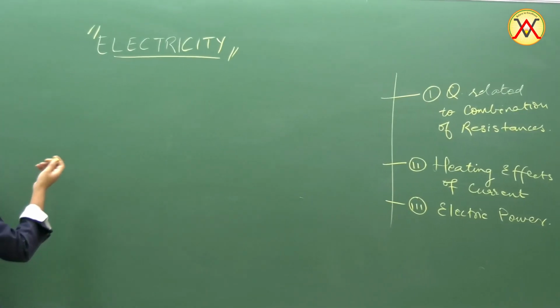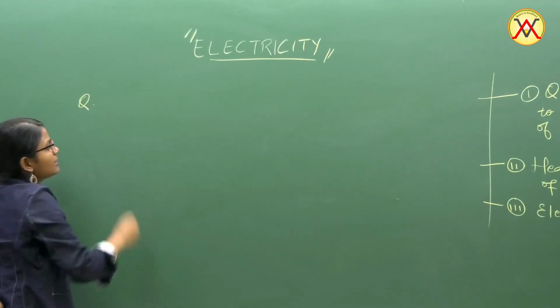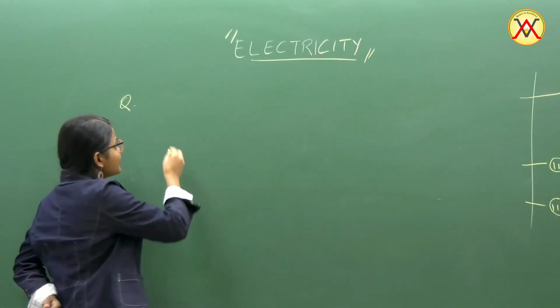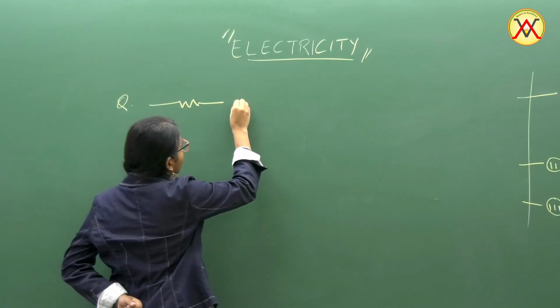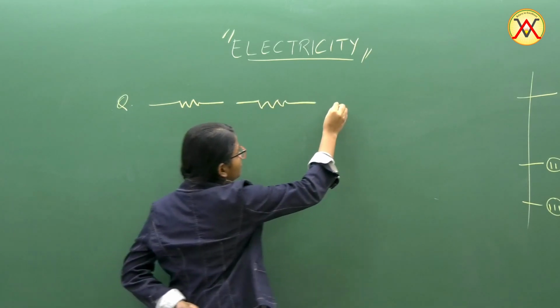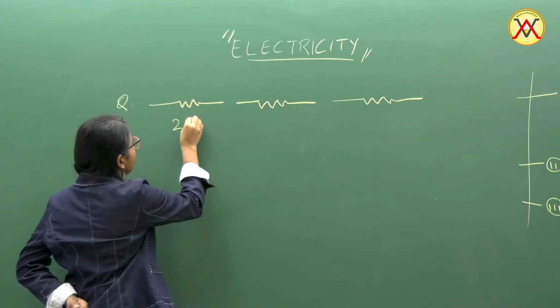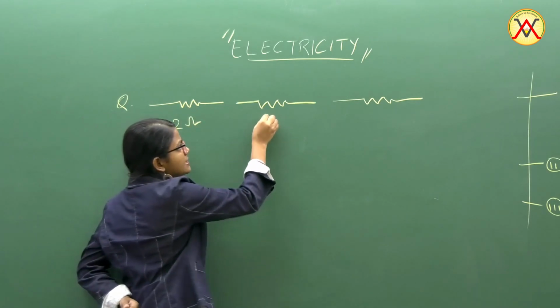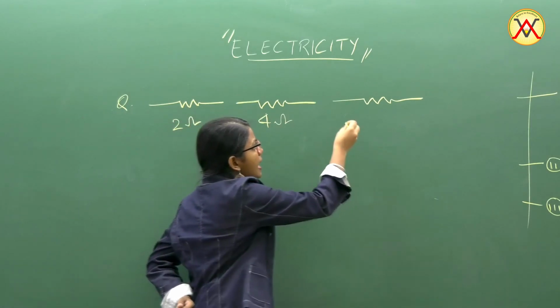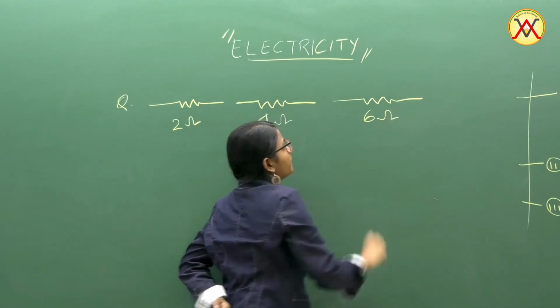Let's suppose we are given a question in which they have given us three resistances: 1, 2, 3. The first resistance is 2 ohm, the second one is 4 ohm, and the third one is 6 ohm.